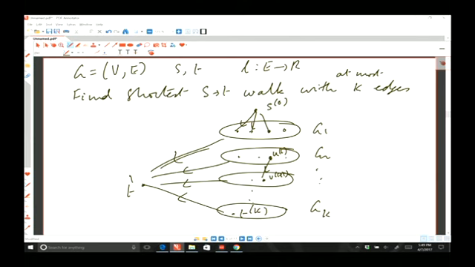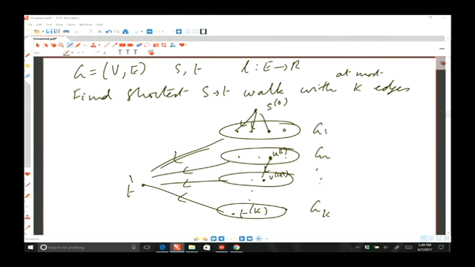From S, I can compute for every vertex the shortest length walk using at most n minus 1 edges. I'm not assuming that they're negative lengths or positive lengths, so this construction will do it for you.